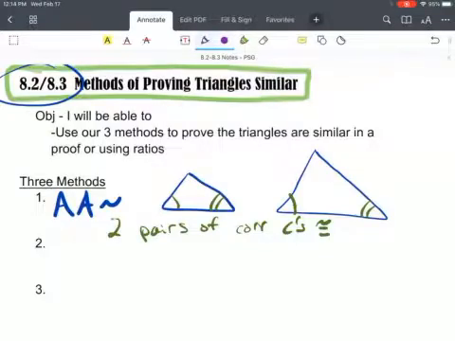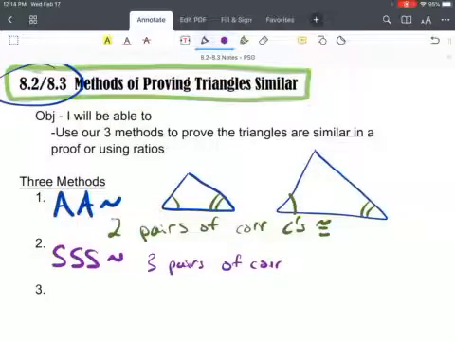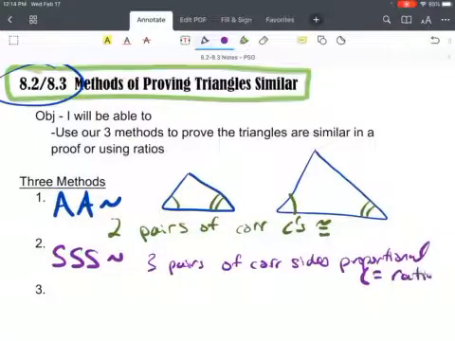Another method would be side, side, side. And this is when we're going to have three pairs of corresponding sides that are proportional, which means they are going to have equal ratios.